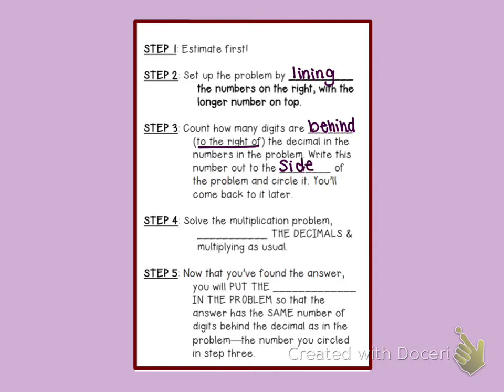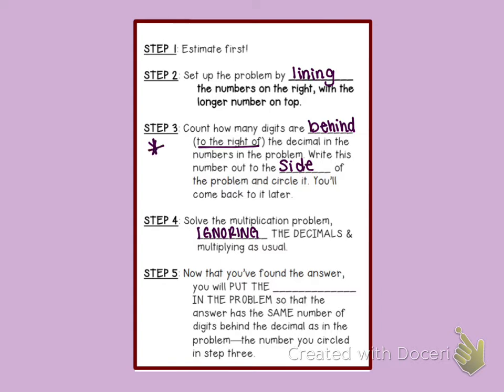So we're going to estimate, we're going to line up our numbers to the right, we are going to count how many numbers are behind the decimal and place it to the side. Then we are going to solve the multiplication problem, ignoring the decimals and multiplying as usual. We already handled the decimals in step 3, so for now we will ignore them.